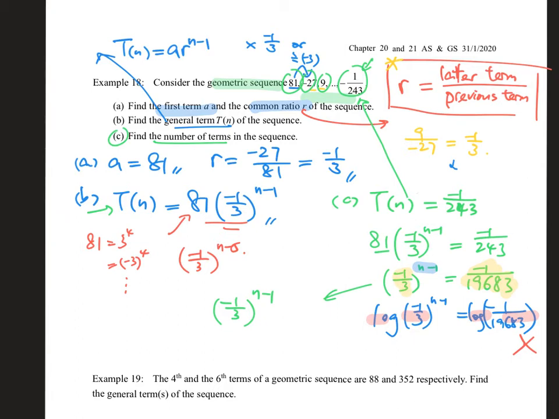It may be 9, maybe 10, maybe 11, etc. Now it goes to a method of trial and error. Can you try out -1/3 to the power 2, -1/3 to the power 3, -1/3 to the power 4, and so on, so that you can achieve this number? Take a minute to try it out by yourselves.